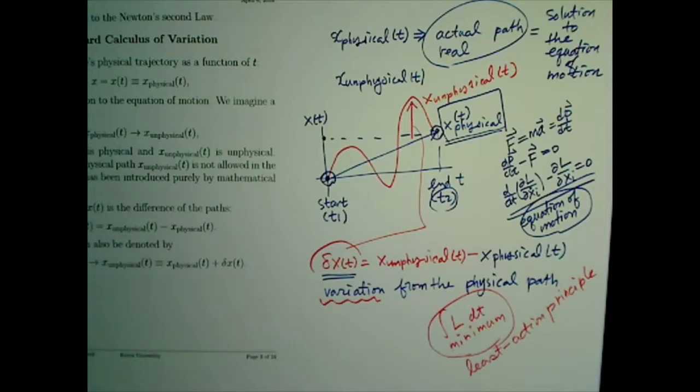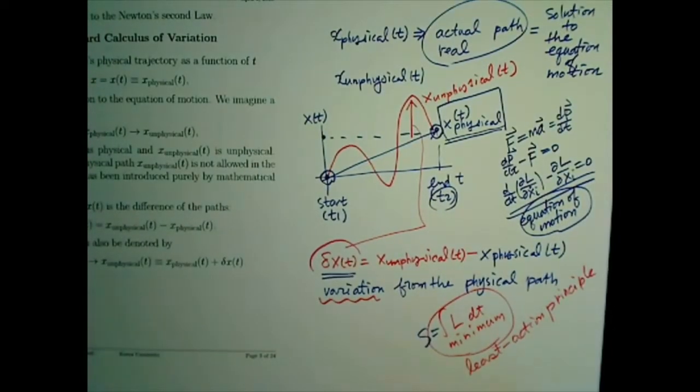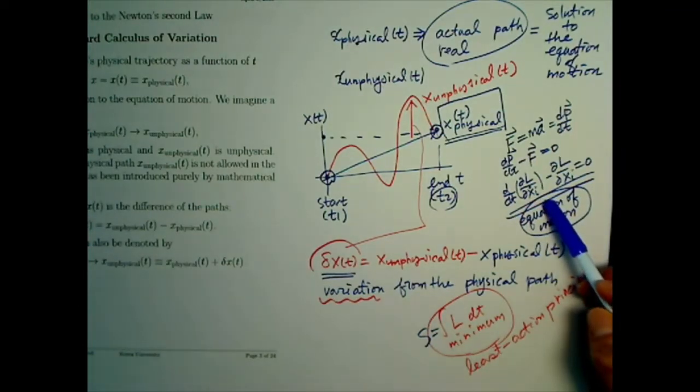We shall find this is the action. The action is defined to be the time integral of the Lagrangian, and we apply the least action principle to minimize this integral, and the condition of minimization of this integral is the same as the Euler-Lagrange equation.